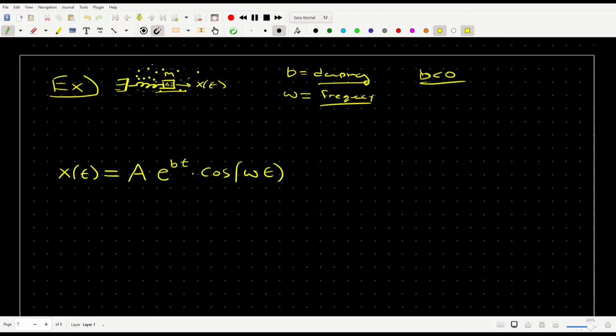And this gives you a very realistic picture of the motion of a mass.